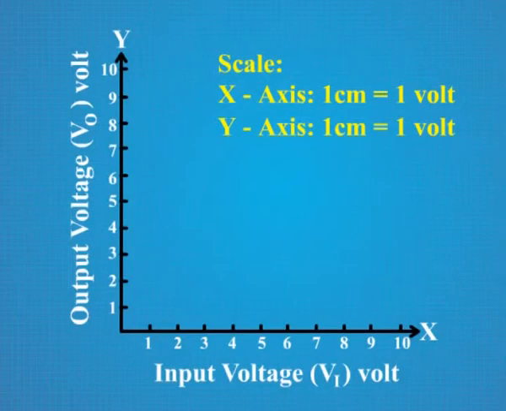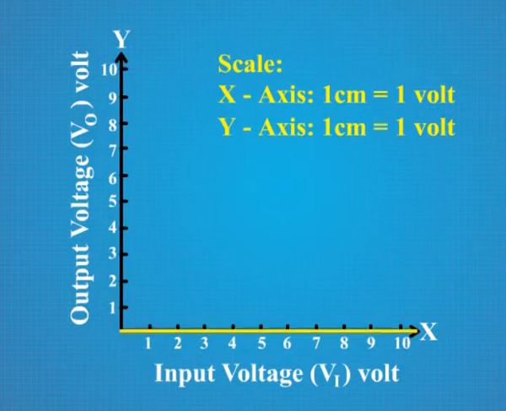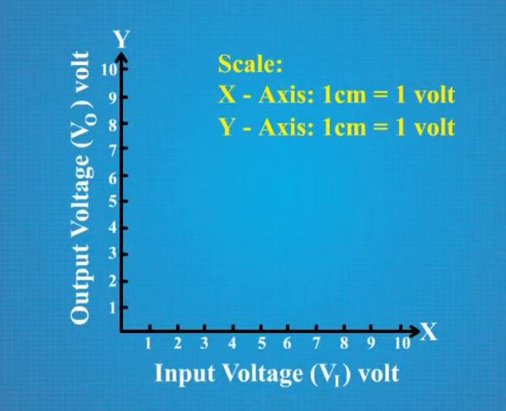Draw a graph of output voltage Vo along the y-axis and input voltage Vi along the x-axis. The graph will be somewhat like this.